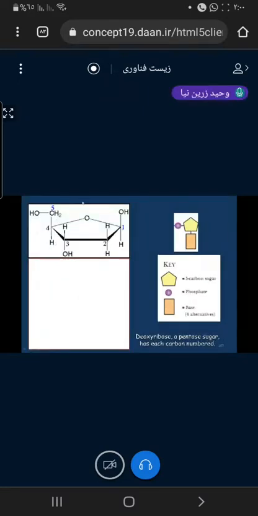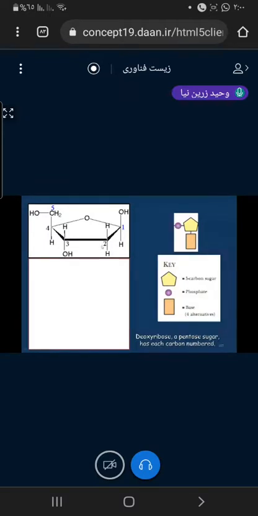In this picture, you can see the five-carbon sugar. As you see, in the 2' carbon of the sugar, sometimes we have no oxygen group.